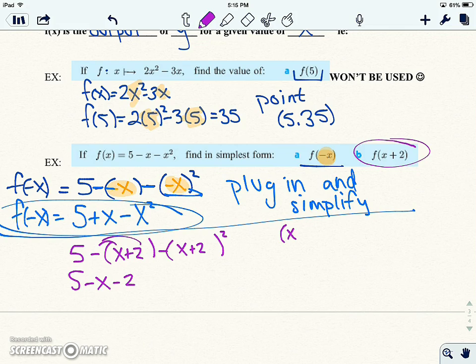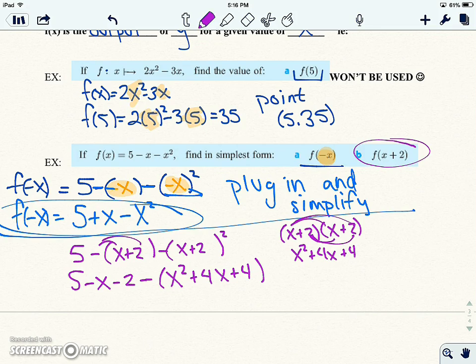So remember, x plus 2 times x plus 2, that's x squared plus 4x plus 4. That's still in the parentheses. Literally, I just took this part right here and FOILed it out, and then plugged it back in right here.